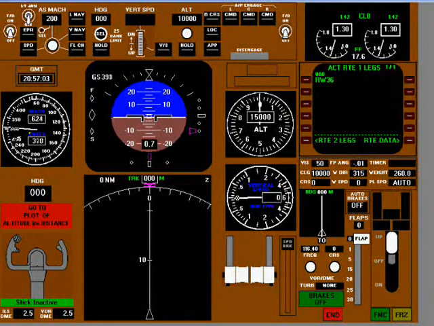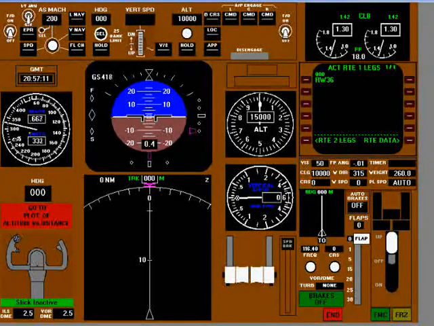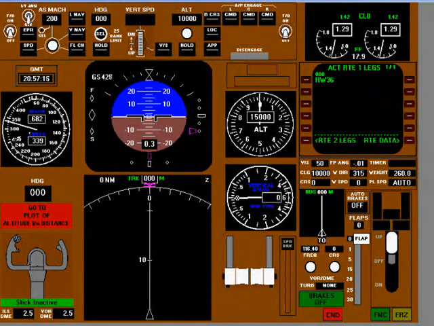Notice a decrease in pitch attitude as airspeed increases. As we approach 340 knots, we will have to reset the EPR to the value that will maintain it.